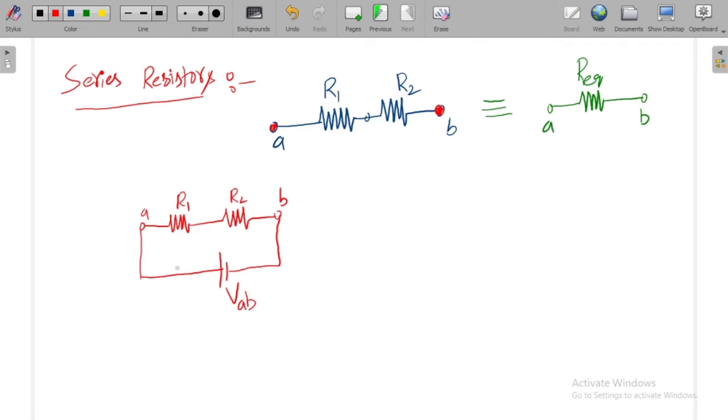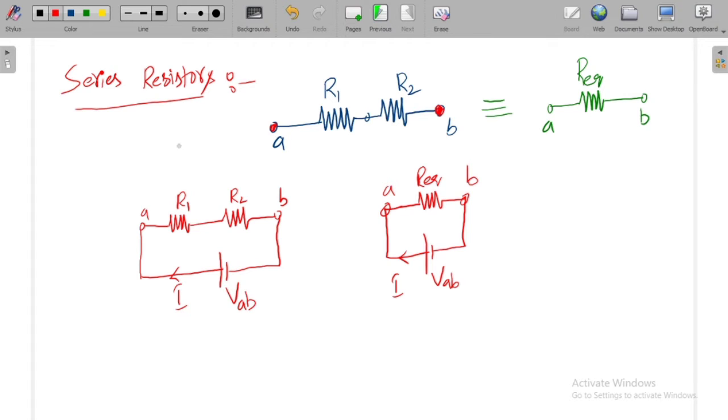Let the voltage source value be VAB and it is supplying a current of I. Now I am considering the second circuit with R equivalent in between the same terminals A and B, and I am connecting the same voltage source. Keep in mind, I want to connect the same voltage source across the same terminals, and here also the current must be I.